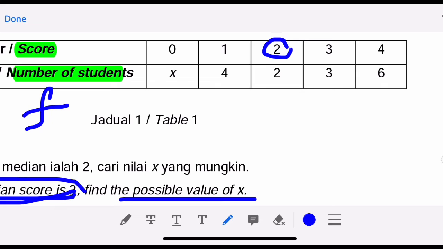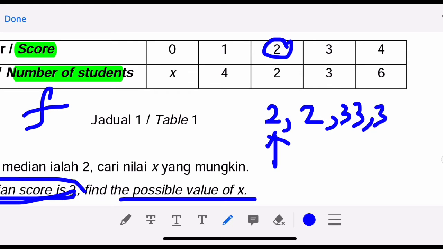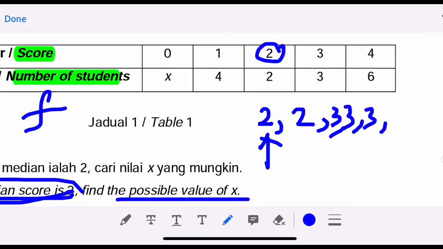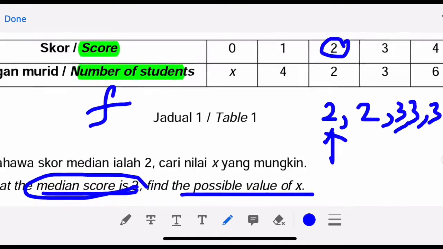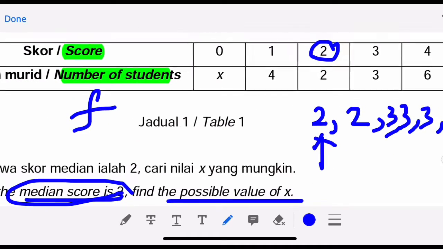Okay, median is 2. That means we have 2 as a median. We got 2, but one of the 2 must be the median, right? And then we have 3, we have 3, we have 4, we have 6, right? Okay, we have 6, 4, and then we have 1, we have 4, 1, and then 0.